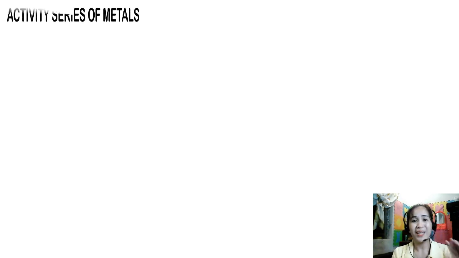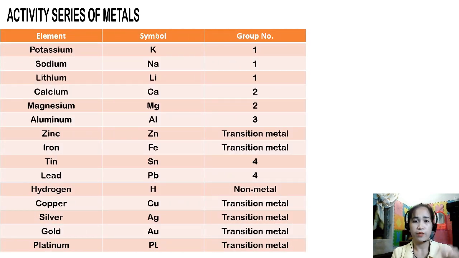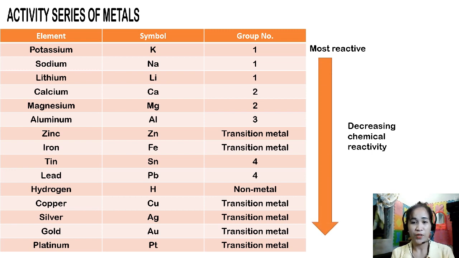There is an existing definite order of reactivity among metals and hydrogen according to their ability to displace one another. This arrangement is called the metal reactivity series, or the activity series of metals. The activity series is an arrangement of metals according to decreasing order of reactivity, from the most reactive to the least reactive, as shown on your screen.